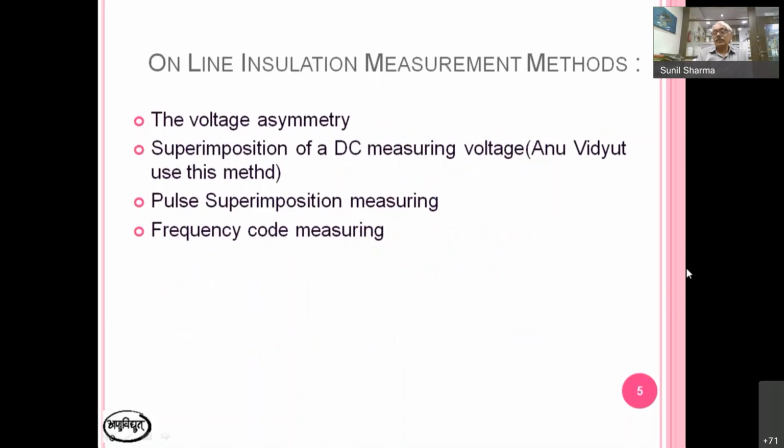Now insulation measurement methods. Here I mean the system insulation. In Western Railway, this voltage asymmetry method was used before they adopted ELD. In this method they measure voltage with respect to earth on one side of the bus bar, either NX or plus or another type of bus bar.